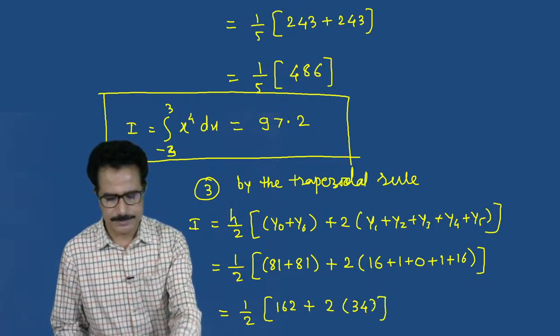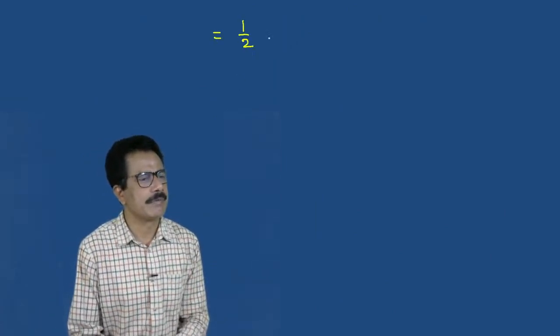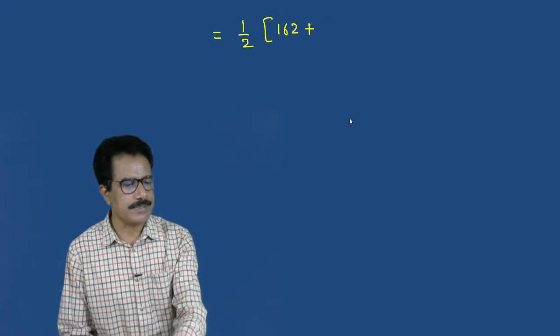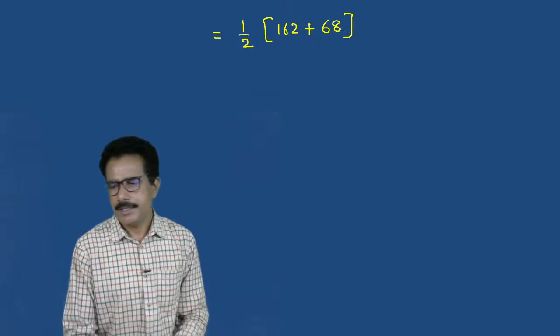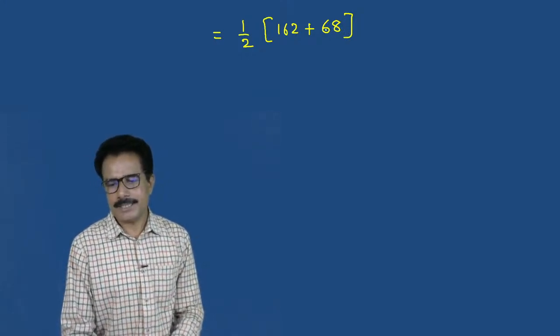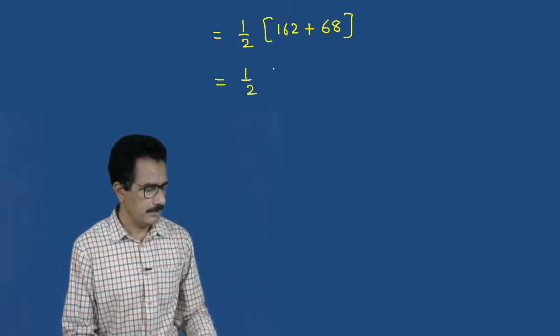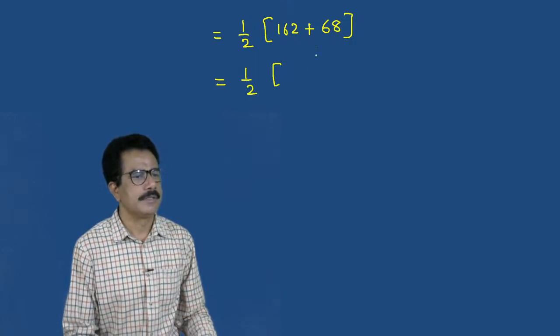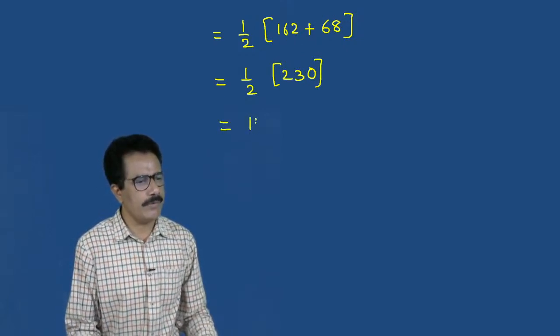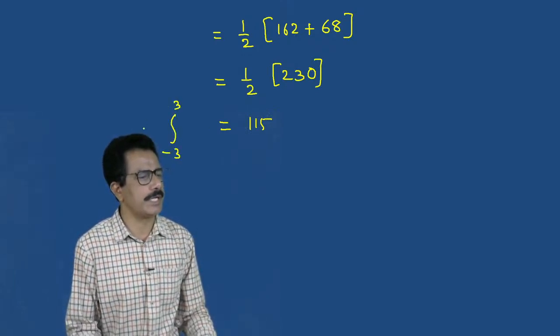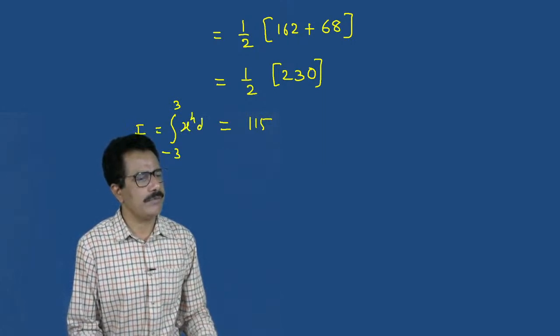Calculate kara re students. So 1/2 into 162 plus 2 times of 68. Is it okay? Calculate kara काय येतं सांगा मला final value. 1/2 into, काय येईल, that is 115. This is the integral from -3 to 3 x raised to 4 dx.